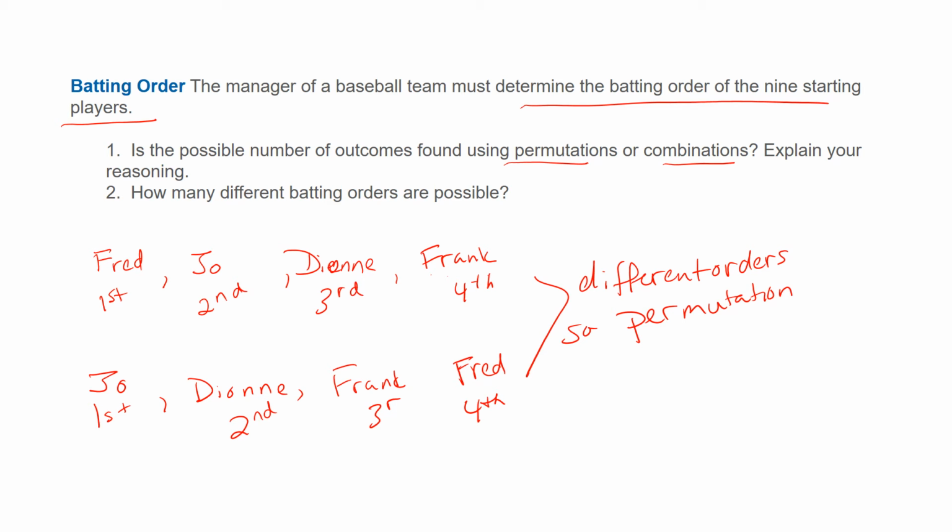And in this case, he's going to determine the batting order of all the 9 starting players. So this is a permutation, and we could write this 9 choose 9 if we want and put it in the formula. Or we can just say, well, since I'm using everything, then the answer is going to be n factorial.